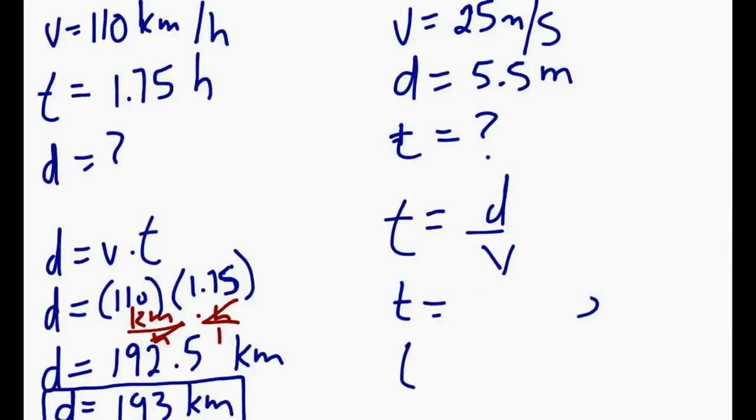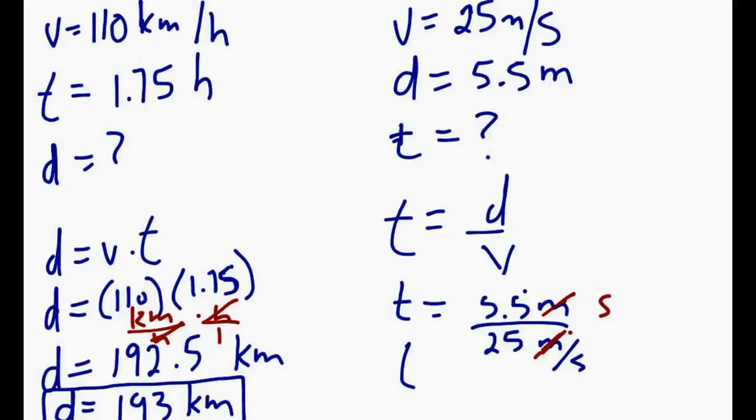Actually, I'm going to change that a little bit. So we'd have 5.5 meters divided by 25 meters per second. Once again, just like with the other one, in this case our meters cancel, and because it's per second, that's the same thing as multiplying by the reciprocal, so the seconds would come up top. So our units cancel out, we just get seconds, which is good, that's what we want.